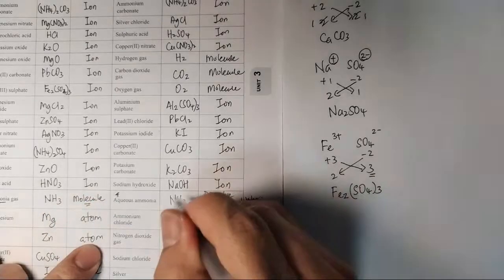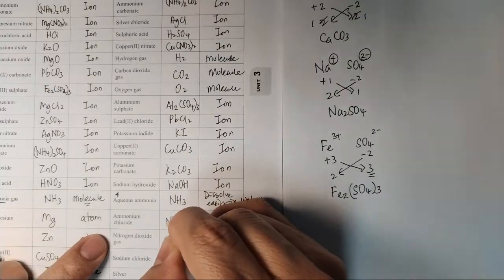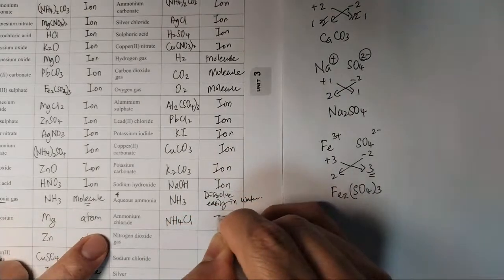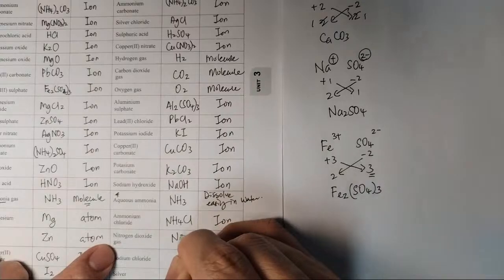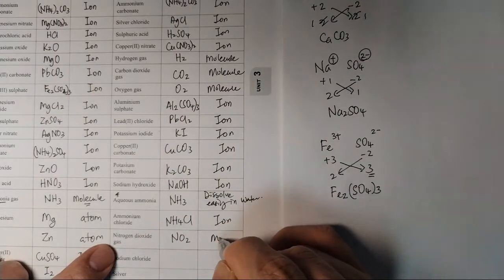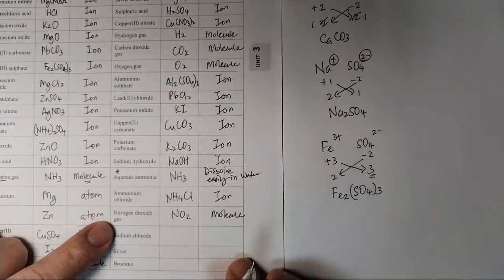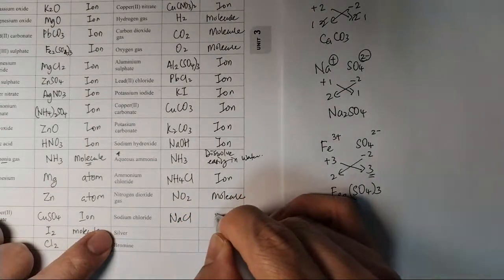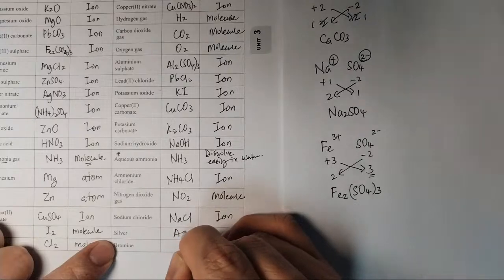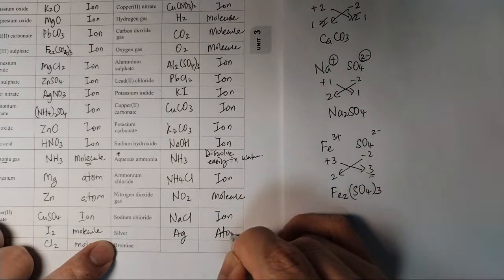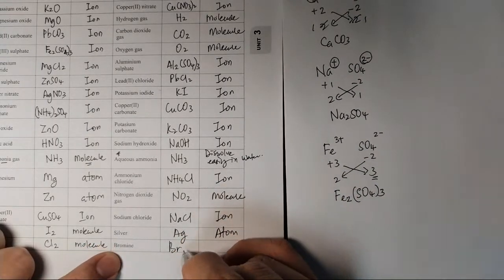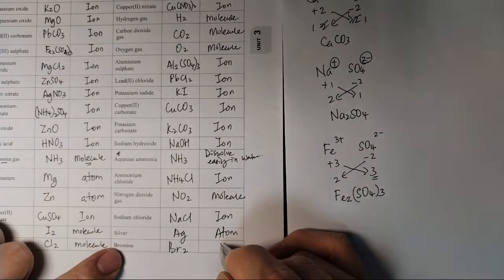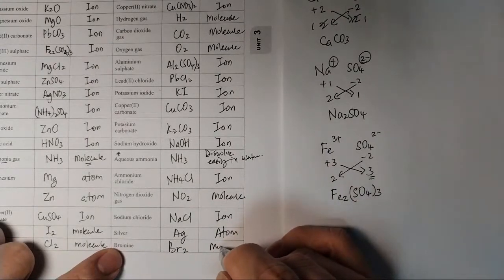Okay. So ammonium chloride, it's ions. Nitrogen dioxide gas, so it's a molecule. Then sodium chloride is ions. Silver, Ag, is the atom. Then bromine gas, bromine gas or bromine water, is the molecule.